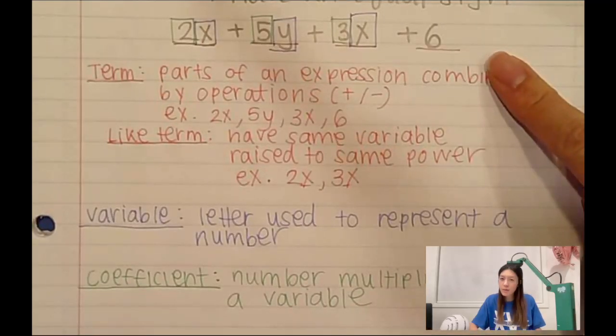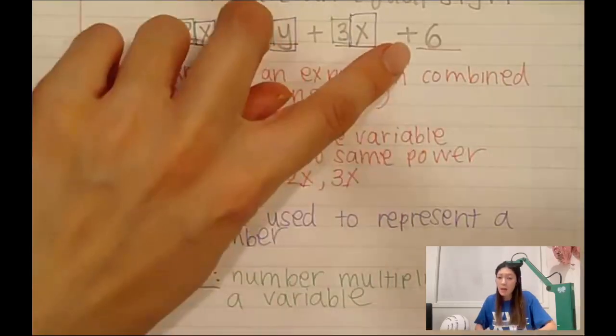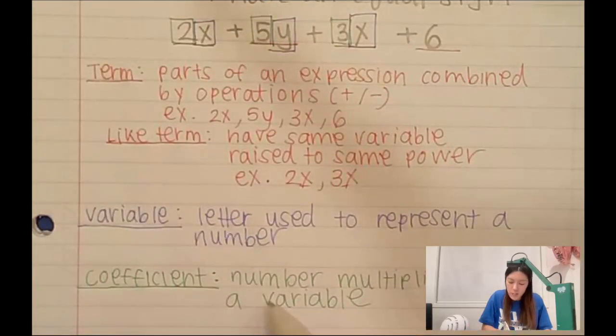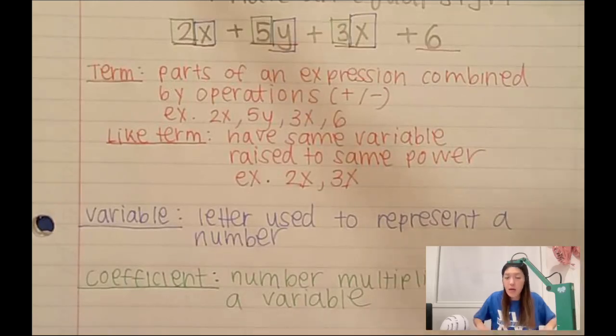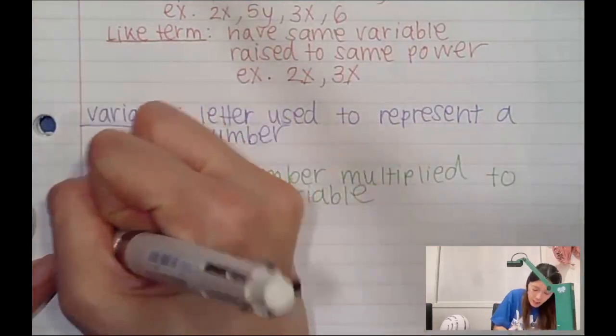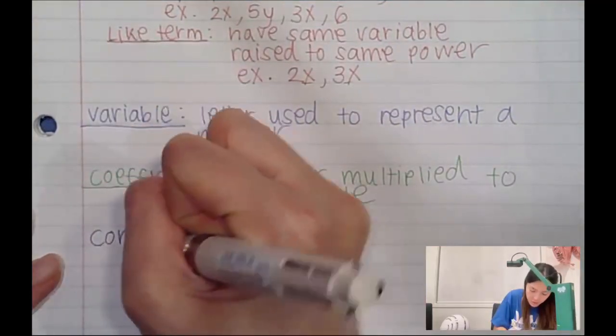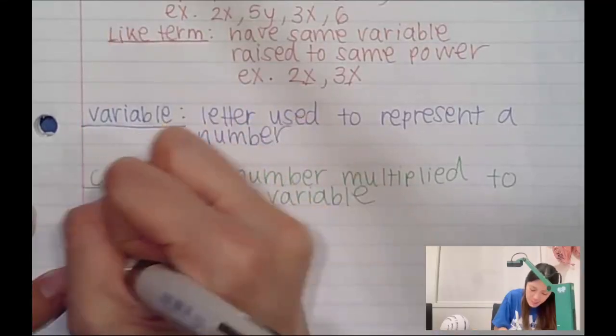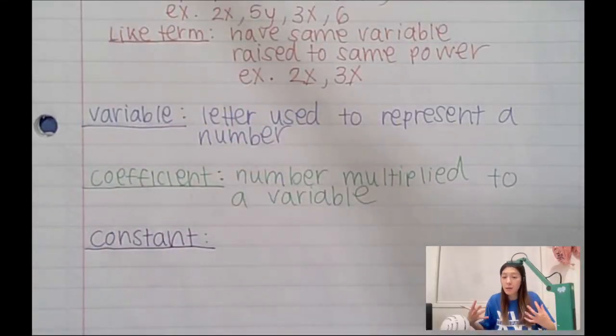Is 6 a coefficient? No, 6 is not a coefficient because your coefficient has to be multiplied to a variable. It does not have a variable next to it. So we call 6 our constant. It makes sense that it's the constant. It's a number that doesn't change. It's not connected to a variable, which will change.